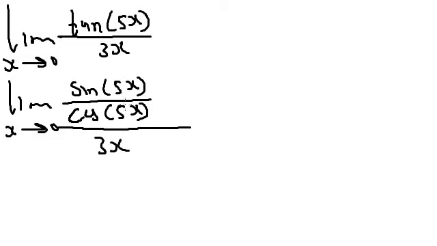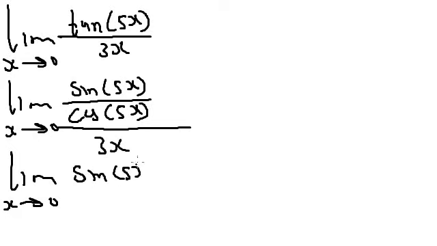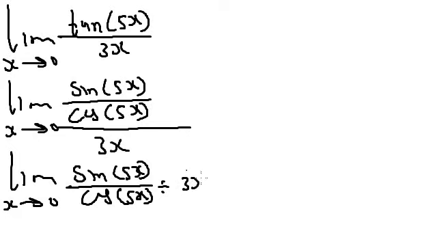So it seems to be a complex fraction. Instead of using number line division right here, I'll convert it to a regular one. Then we can have the limit as x approaches 0 of sine 5x all divided by cosine 5x, then divided by 3x.